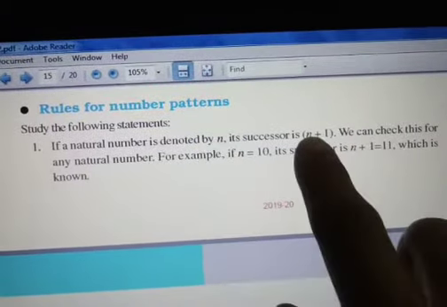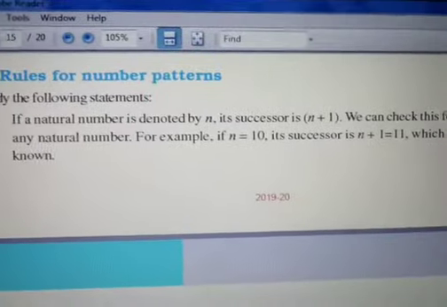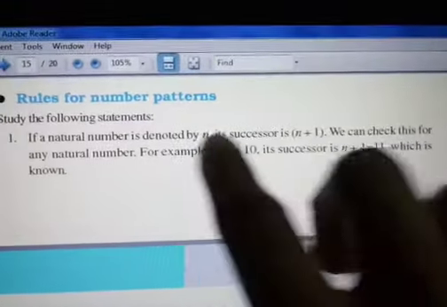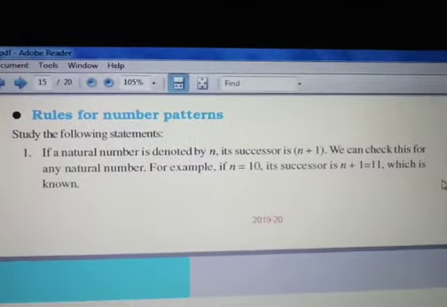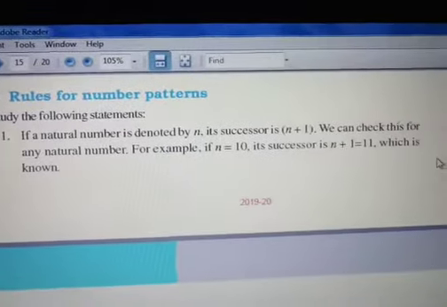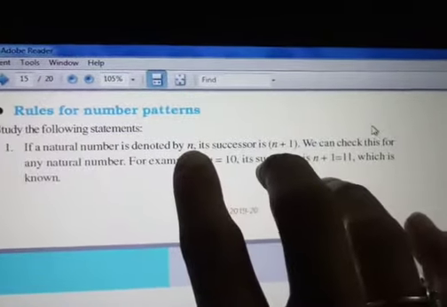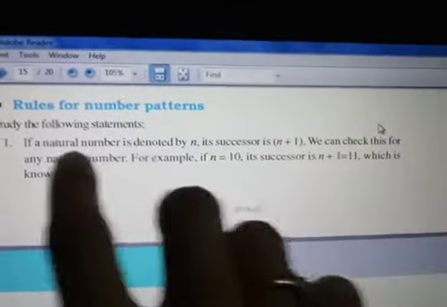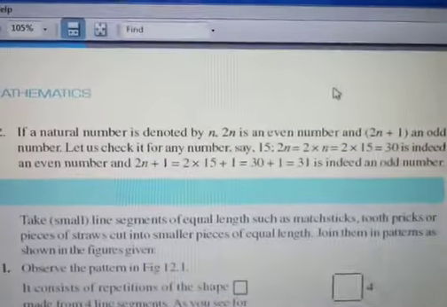Here n is a variable. You can put any value for n and find the successor of that number. If n is 10, then 10 plus 1, 11. That is your successor. How did you find it? Using the n plus 1 formula. If a natural number is n, then the successor will be n plus 1. Underline this.